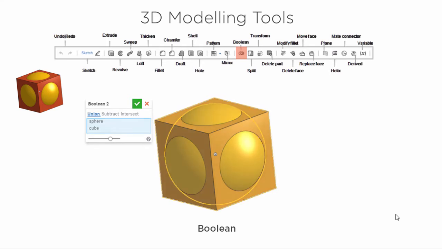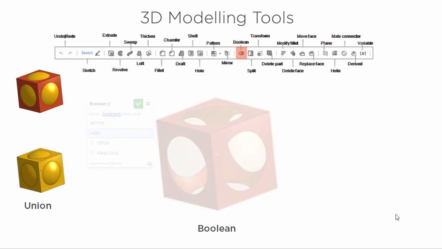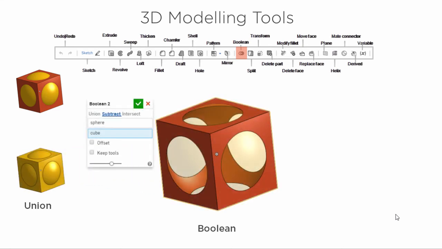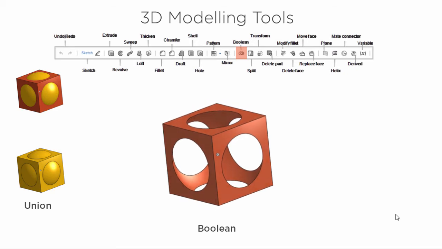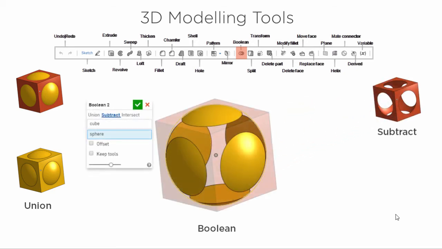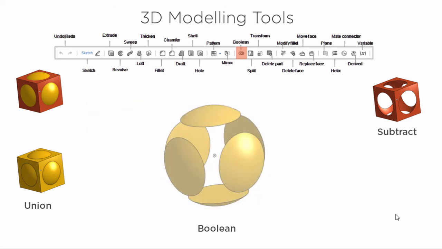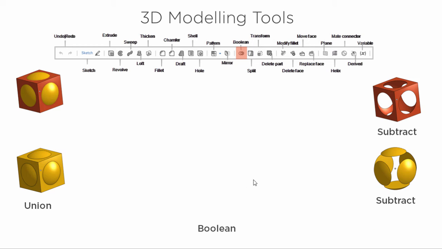The next operation subtracts the sphere from the cube, resulting in a hollowed cube. Another variation is if you subtract the cube from the sphere, resulting in 6 sphere slices. The last operation is the intersection of the sphere and the cube, resulting in a sphere with 6 sides sliced off.